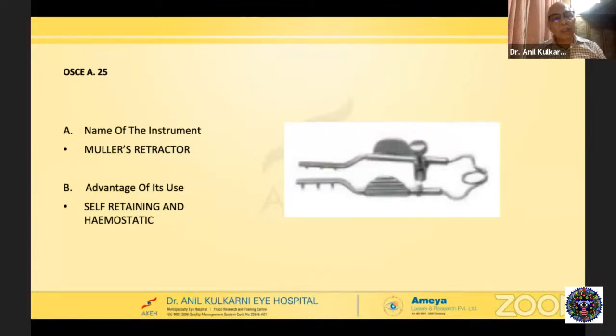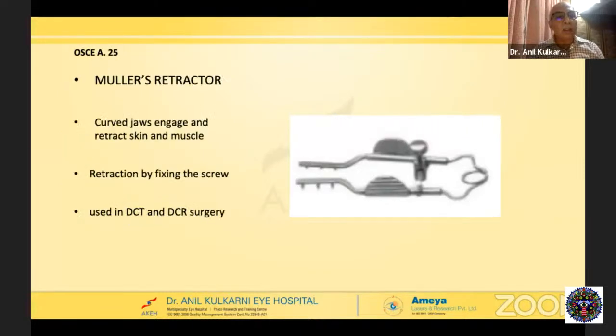The advantage of its use is that it is self-retaining and hemostatic. It has curved jaws which engage and retract the skin and muscle when we are operating on a dacryocystectomy or dacryocystorhinostomy. Because it is self-retaining, your assistant's hand is free to use the vacuum for taking out the blood which is coming. The retraction is fixed by this screw so that the opening remains constant for our surgery.